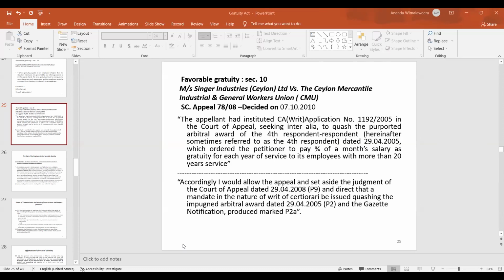Even though they communicated in writing that the company is willing to pay 75%, they did not pay. Why? What is the point? The Supreme Court declined the decision of the Court of Appeal and the Commissioner General. What is the point? Can anybody think about it?